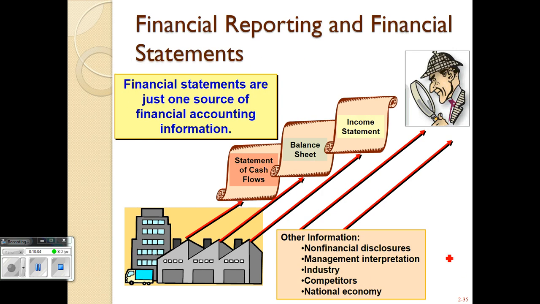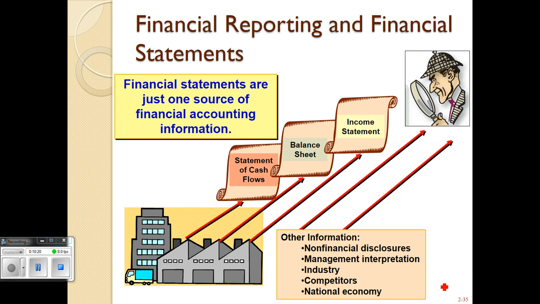There are some other things that go with these financial statements. If you ever took a look at one online, you can go to SEC.gov and look at the Edgar database, and you can pull them up for Walmart and Lowe's and what have you. There is some information that goes with it.